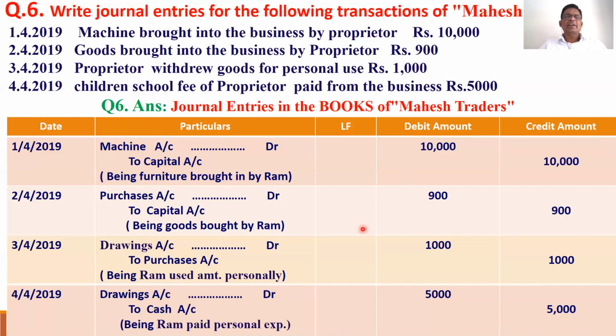And 6, 7, 8: these three I stressed upon the common mistakes made in journal entries. That's why I made a total of 6 video lessons exclusively for journal entries, which is the alphabet of accounting. Three are very easy, three are very hard.